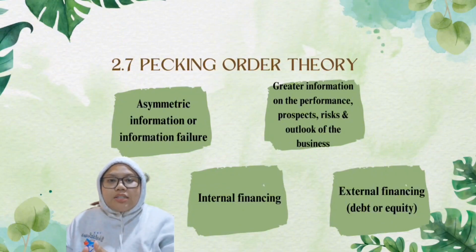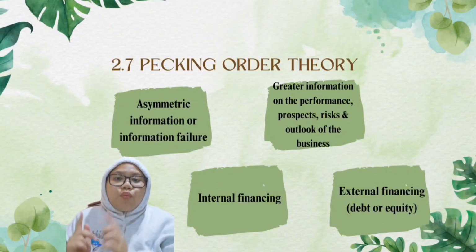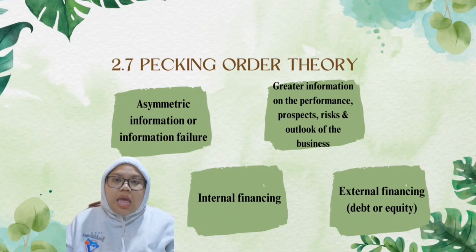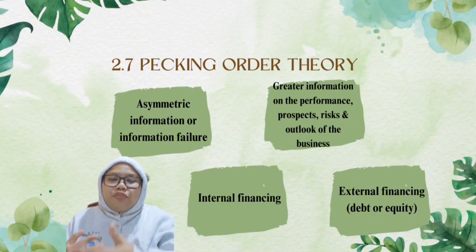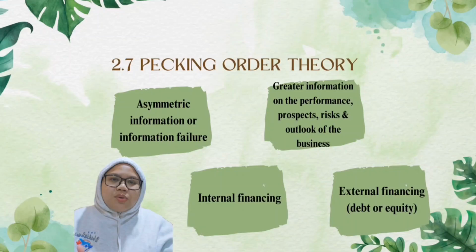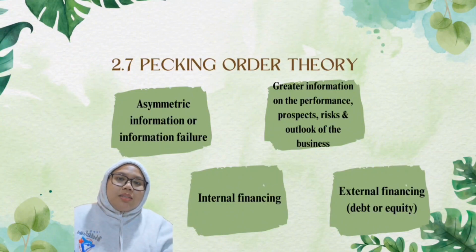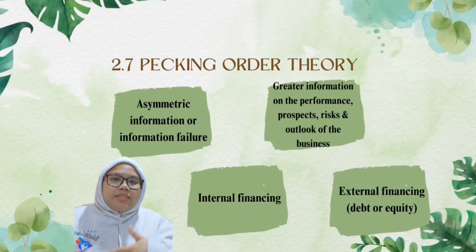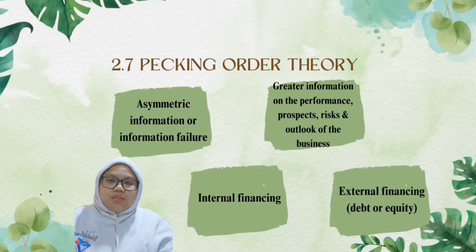An imbalance in transaction power arises when one party has better information than the other, a situation sometimes referred to as asymmetric information or information failure. Compared to external users like creditors, debt holders, and investors, shareholders, managers and companies usually have access to greater information on the performance, prospects, risk, and outlook of the business.